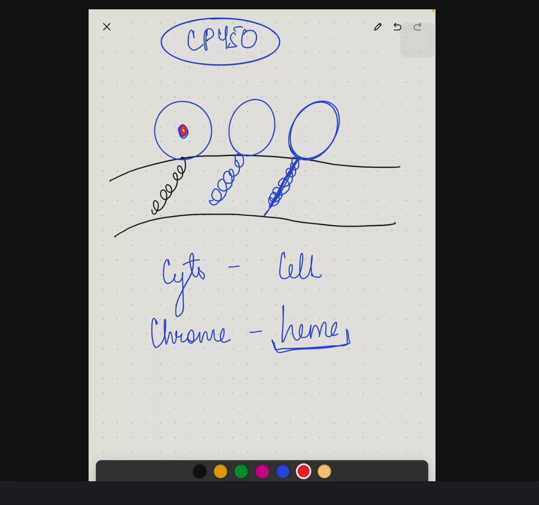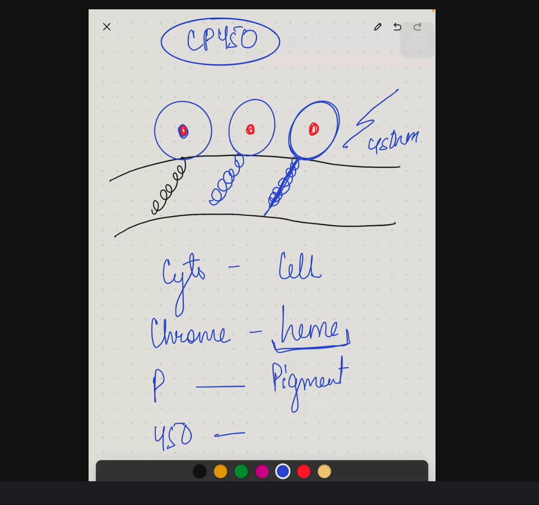All the cytochromes, like RBC, have a heme molecule. That is why they are called cytochrome. And P450 means, P is for pigment, so heme pigment. And 450 is given because these enzymes have the capacity of absorbing light of 450 nanometers. So this is why they are called cytochrome P450.